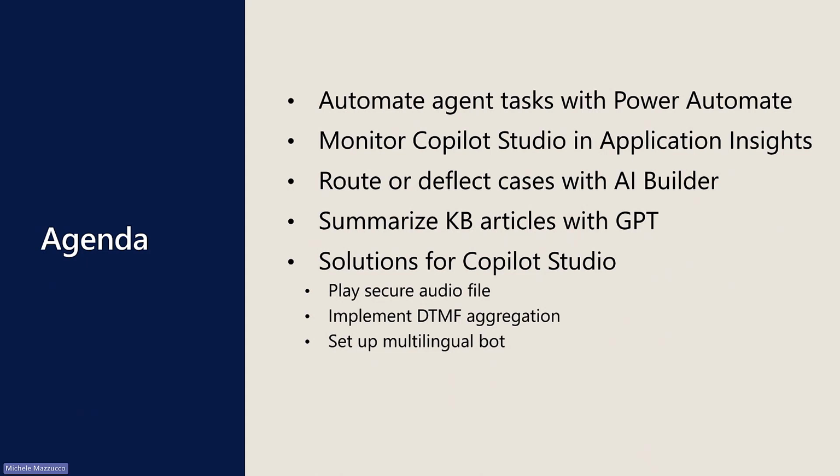Today, we present solutions that will help in the following scenarios: automating agents' tasks in customer service workspace by using Power Automate Desktop, monitor Copilot Studio telemetries in Application Insights, implement case deflection or automatic routing by leveraging artificial intelligence, summarize knowledge base articles with GPT, and different solutions to solve specific tasks in Copilot Studio, such as how to play a secure audio file, how to implement DTMF aggregation, and how to set up a multilanguage bot.